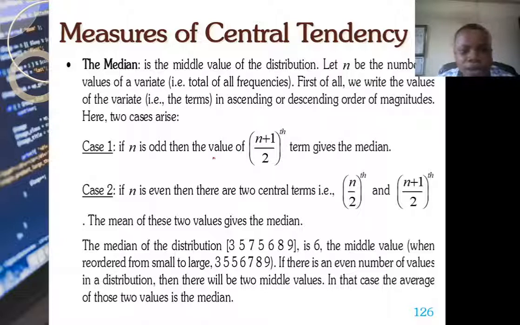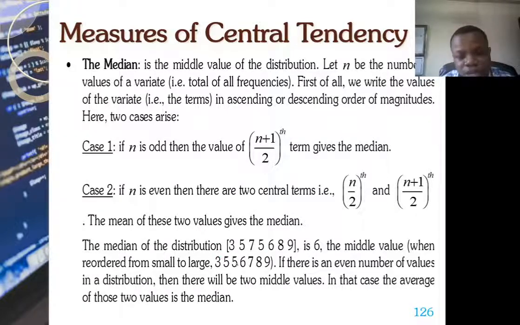If your number of observations happens to be odd, we have a very clear chance of identifying our median. But in cases where you are given a distribution with an even number of observations, you will have to find the mean of the two middle numbers, and that is going to give you your median.